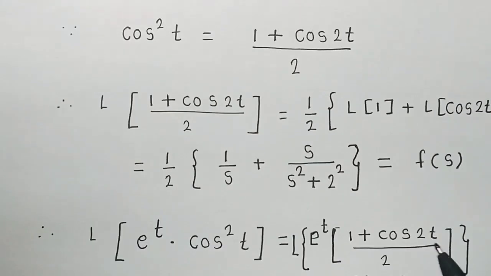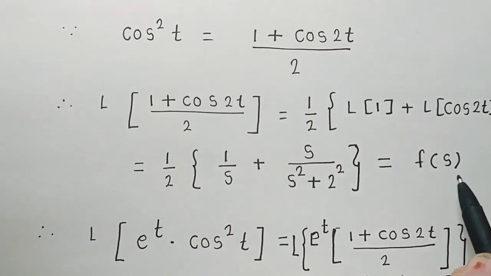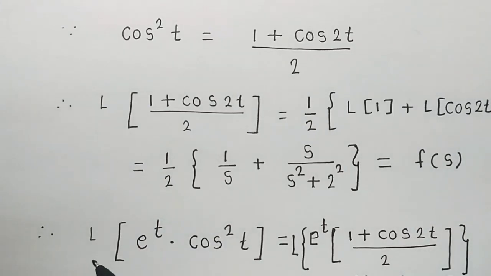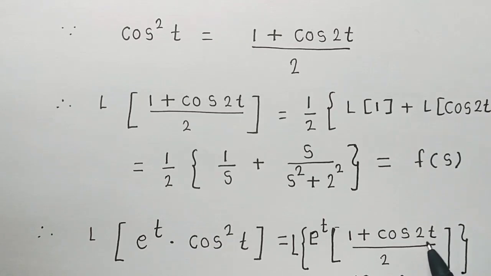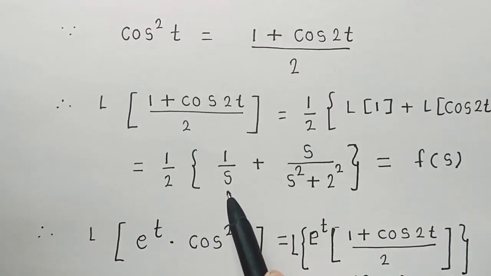Now indicate this answer as F of s. Now find out the Laplace of e raised to t into cos square of t, which is equal to Laplace of e raised to t into 1 plus cos of 2t upon 2. Now in our answer we replace the value of the s parameter by s minus a.